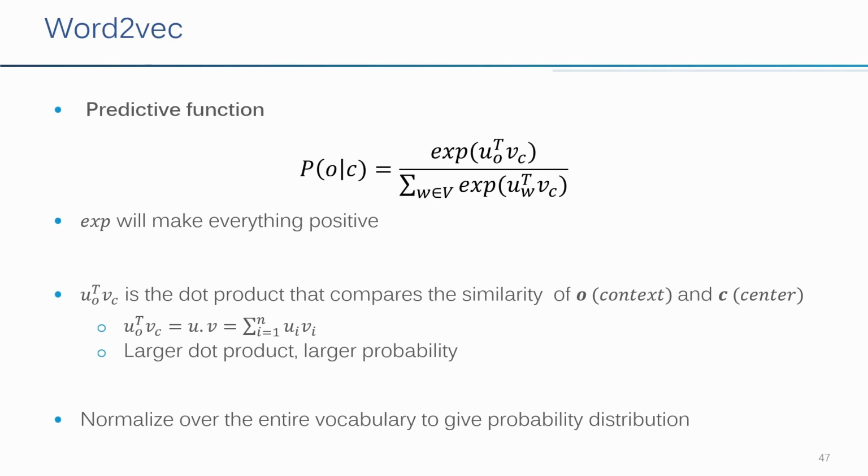The transpose of u times the vector of the center word is the dot product, but we'll just use this notation right here. Then we normalize over the entire vocabulary so we can have the actual distribution. Later on, we'll see that we do this for a batch or for a window size, and then we adjust the parameters for that window size, and we keep doing this. All right?